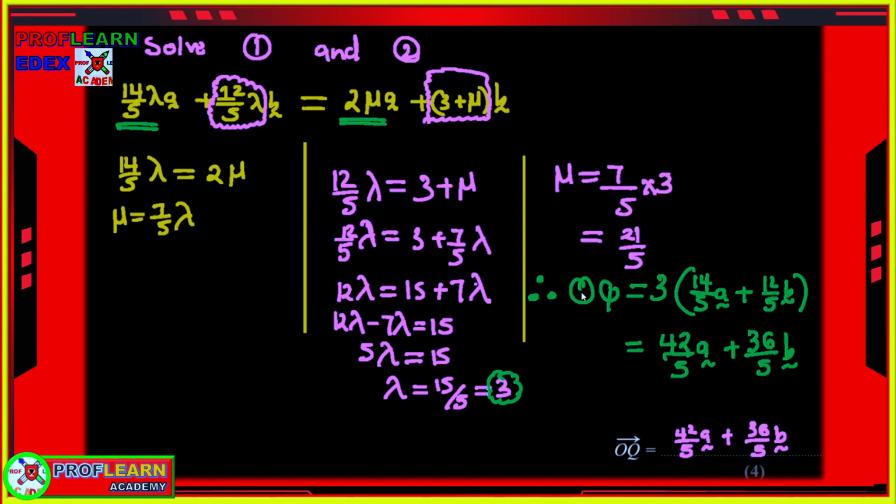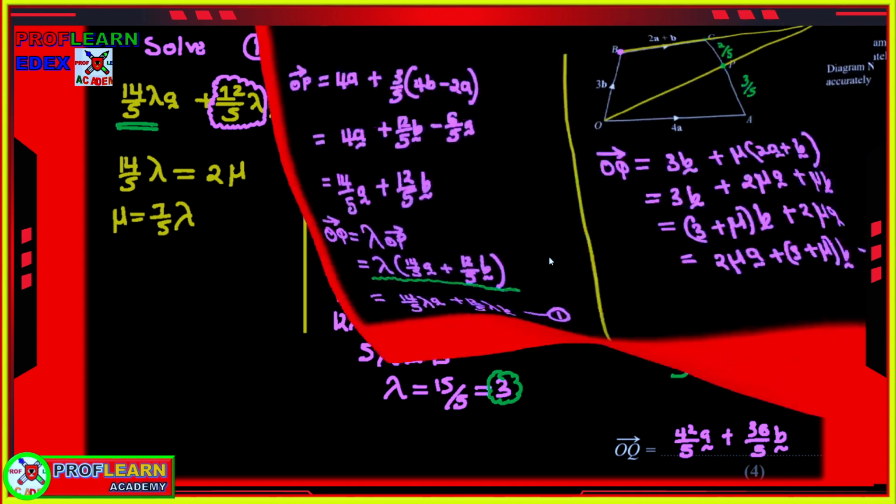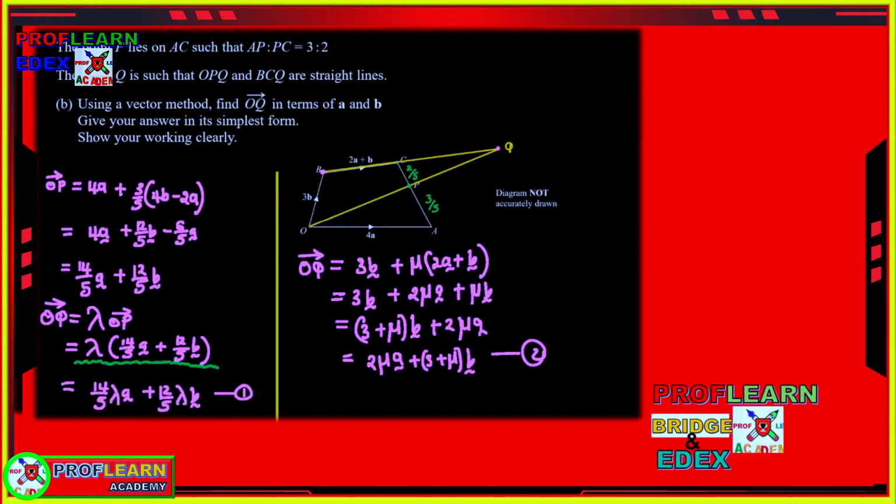31/5. But remember the question for this part, we were supposed to use the vector method to find OQ in terms of vector A and vector B. How do you go about it? You need to find OQ. So we shall substitute the value of lambda into this equation, and then we are good to go.